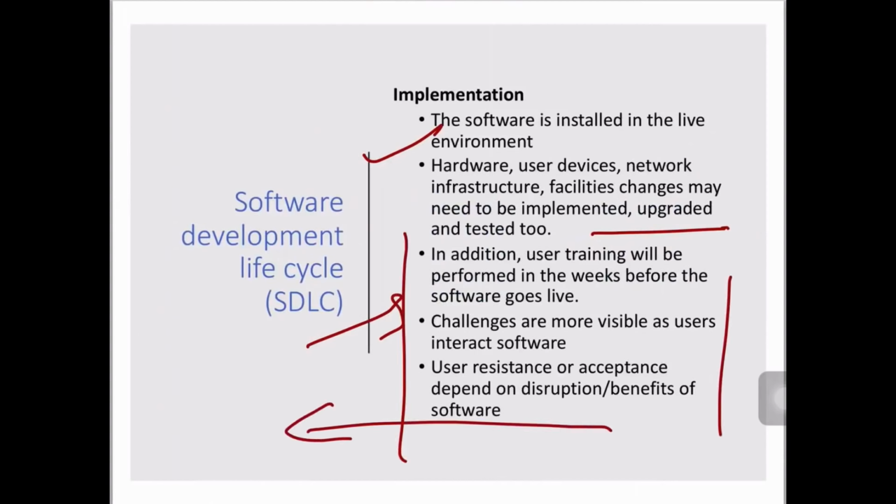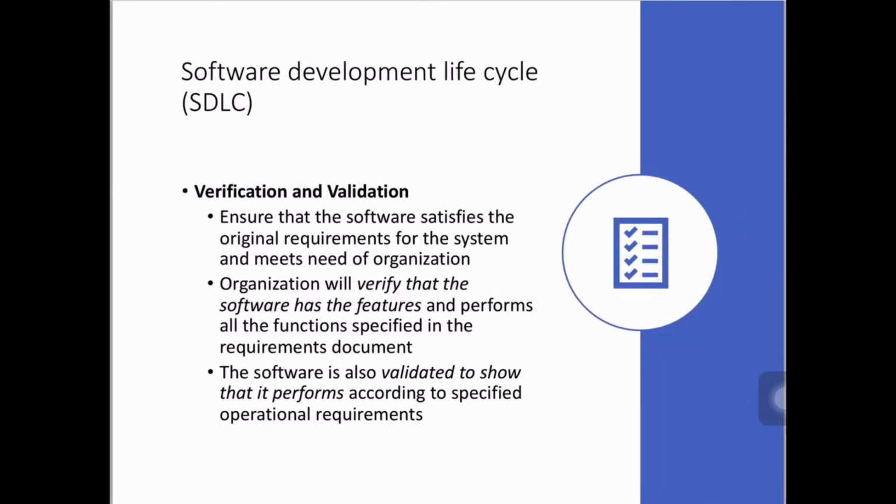We monitor the issues. We also ask the people to record any bugs or errors, so that we can fix them later in the verification and validation part. In this part, we ensure the software satisfies all the user requirements.